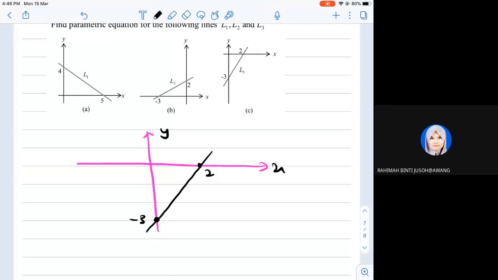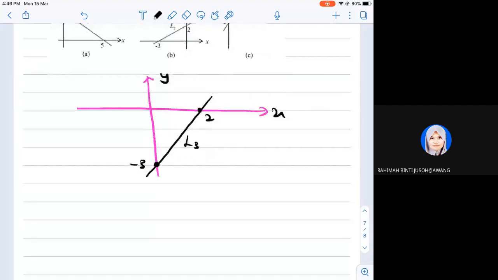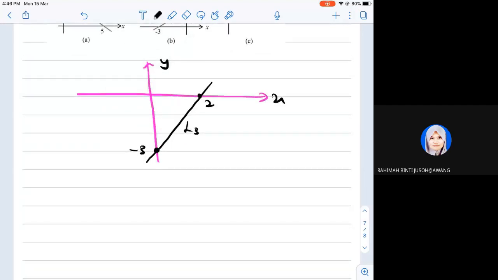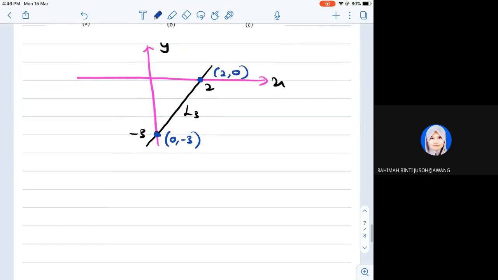Okay, right now we want to find the equation for this line. The name of this line is L3. First of all, guys, from here we know that this is the coordinate of, what coordinate is this? 0, negative 3, isn't it? And then the one up here is the coordinate 2, 0, right? Understand? Can you follow, guys? We take the coordinates first.